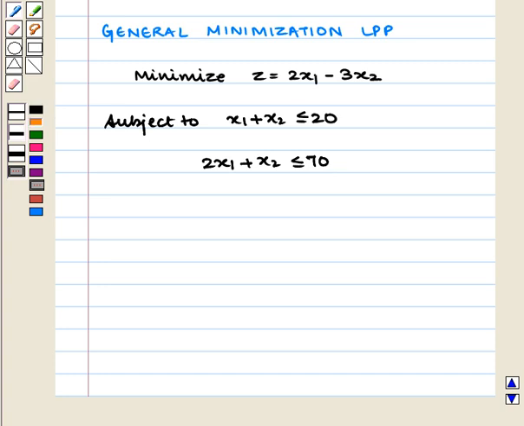We know how to solve a maximization problem with less than equal to constraints.